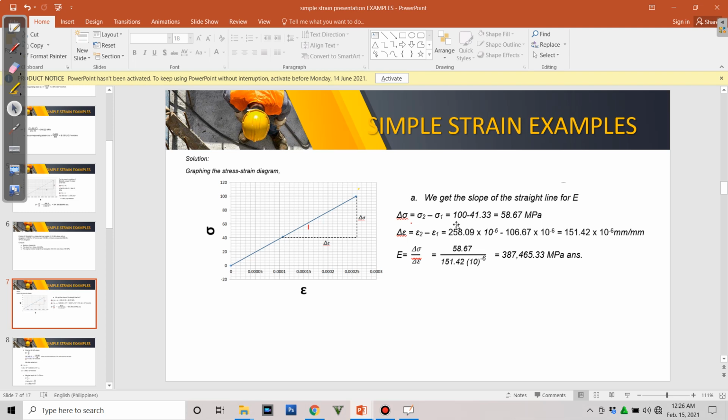This time we consider another point wherein the stress is 60 megapascals. This is 100, this is 40, therefore 60 is in between those points. So we use the upper limit, instead of the lower limit, to derive our modulus of elasticity.